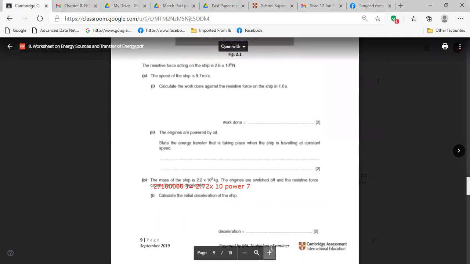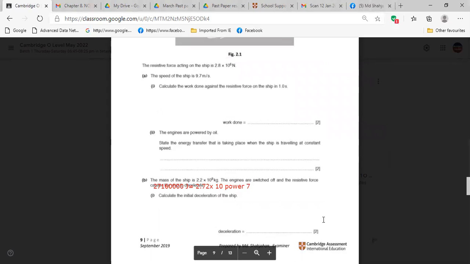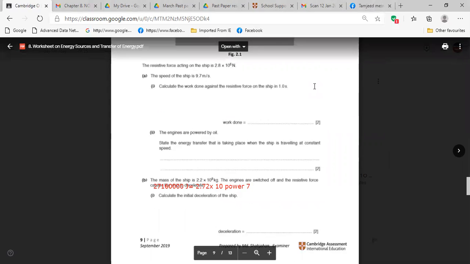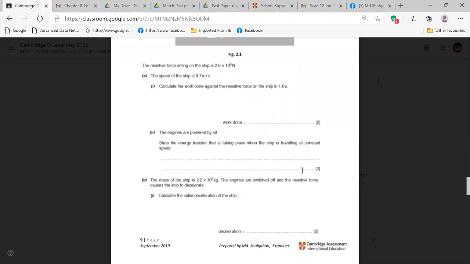A2, see what answer is coming. Yeah, read it, please. The engines are powered by oil. State the energy transfer that is taking place when the ship is traveling at constant speed. So, what is the energy transfer process?